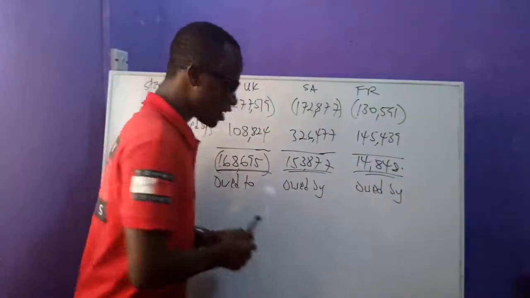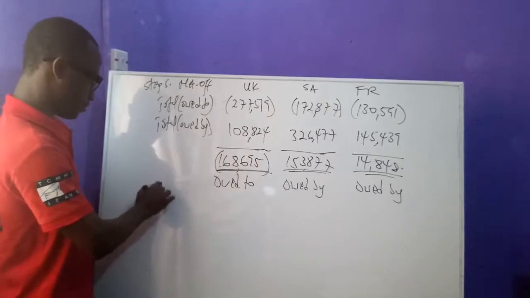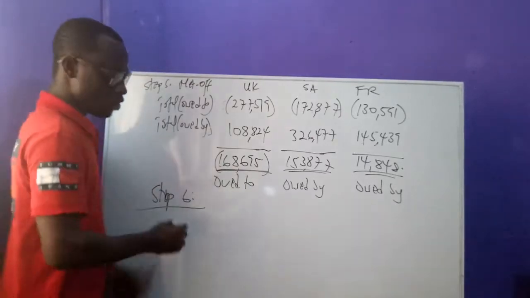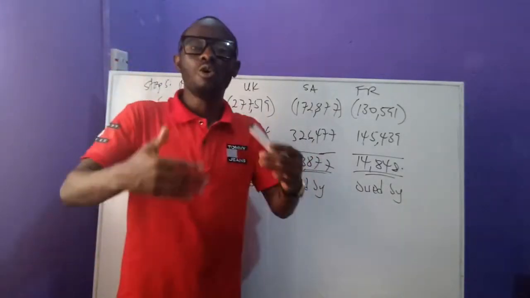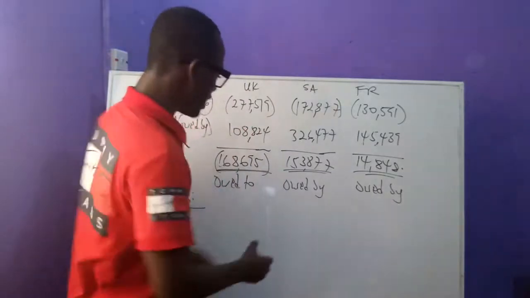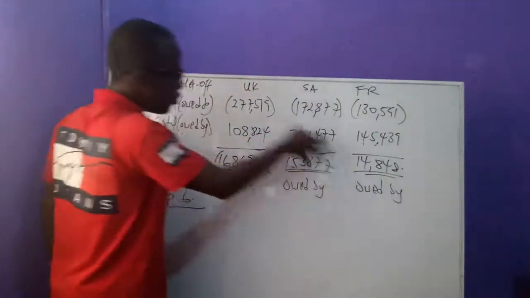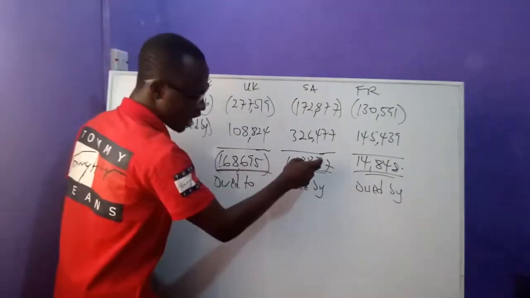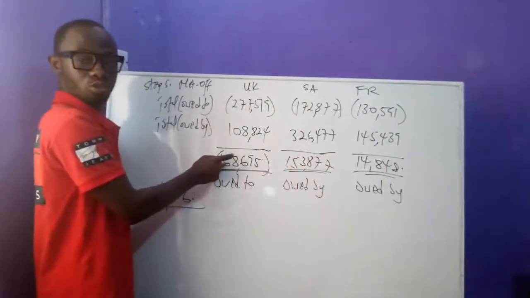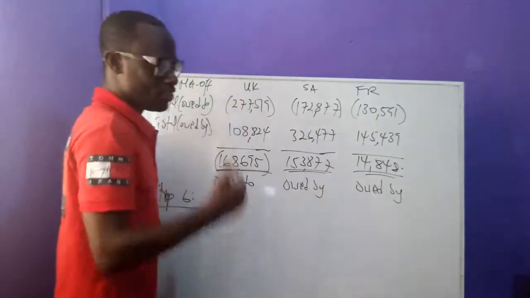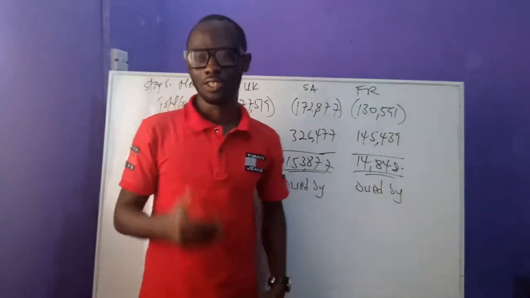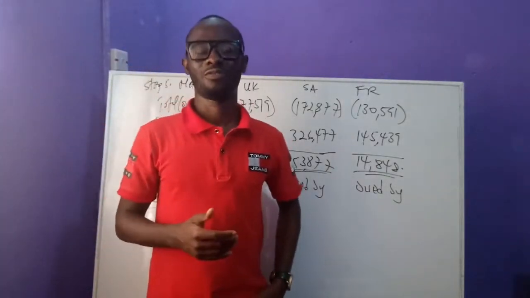So that leads us to step 6, where we conclude. So who still owes? You realize that the South Africa company and the France company still owe. Who do they owe? They owe the UK company. So when you add this to this, you should be able to get this answer. This is what we refer to as net off.